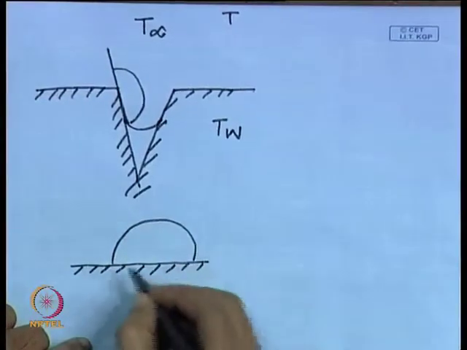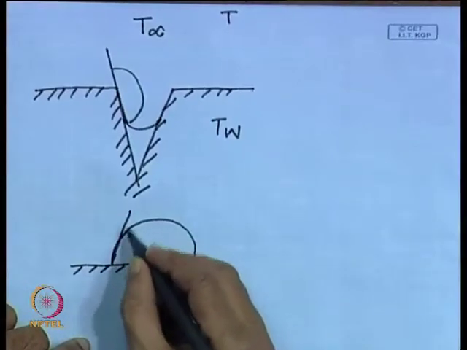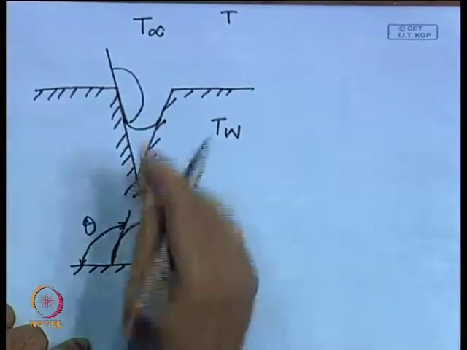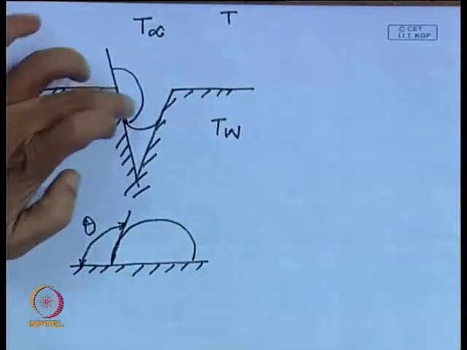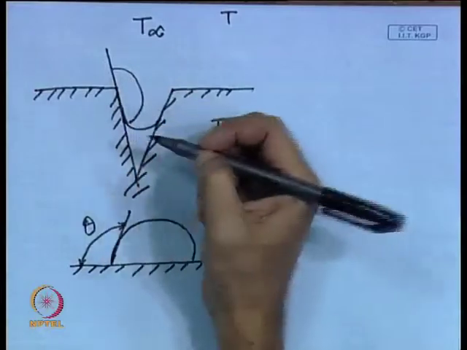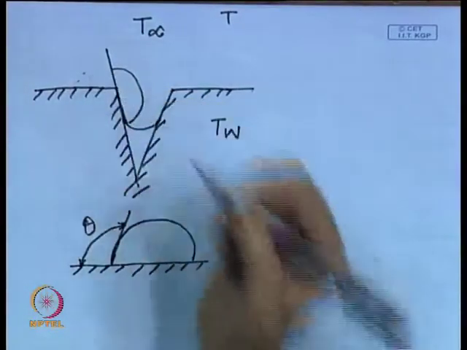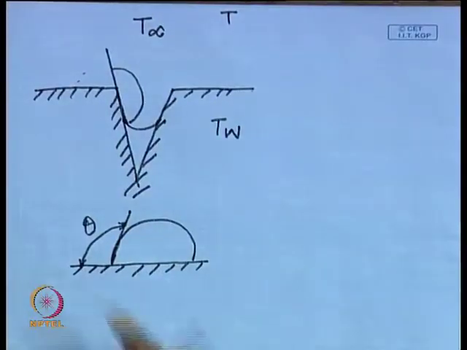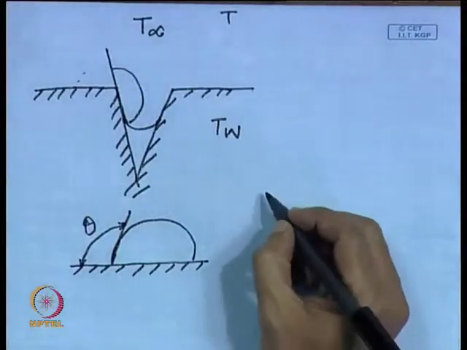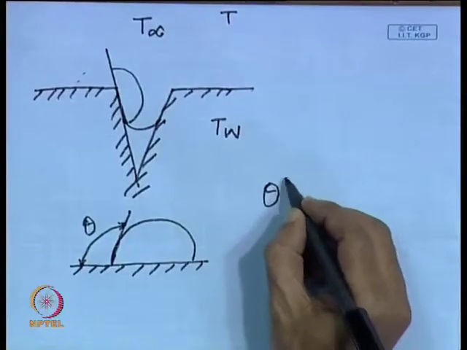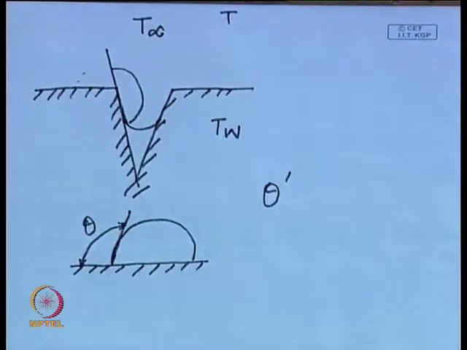We can measure the contact angle the way I have shown, or we can measure the contact angle with respect to the flat surface itself. If we measure the contact angle with respect to the flat surface, then we refer to this angle as theta dashed, and theta dashed is called the apparent contact angle.